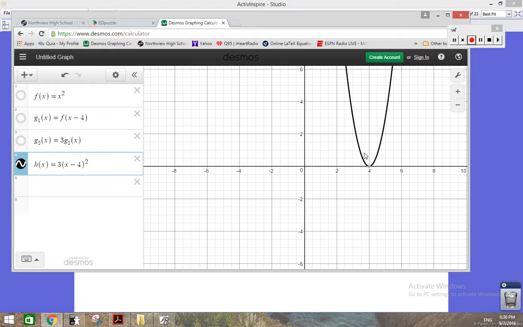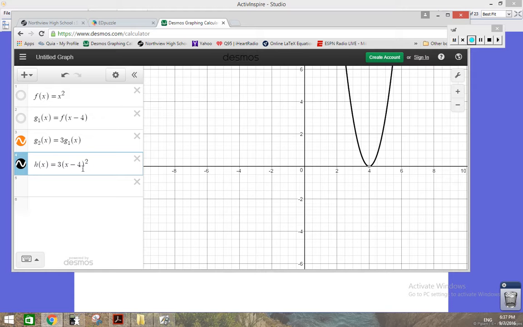Here's this graph in black, and there it is in orange, and we started with the x squared, we shifted it to the right, then we vertically stretched it, and that's the resulting graph, which the equation that we get is 3 times the quantity x minus 4 squared. And I don't need to square out that x minus 4.